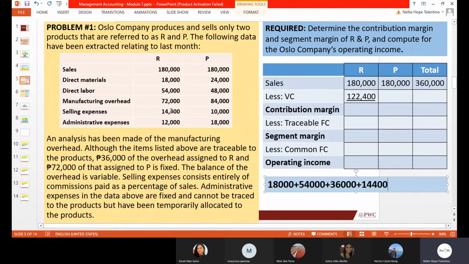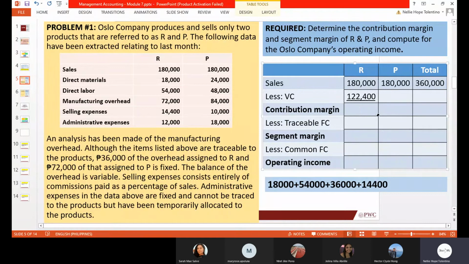So you subtract: 72,000 less 36,000 is 36,000. Then add the selling expenses, because we said earlier it's a variable cost since it's a percentage of sales, 14,400. Add them all and you get 122,400.